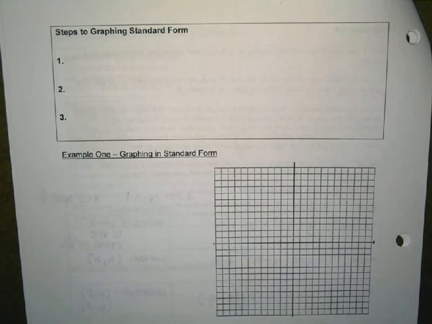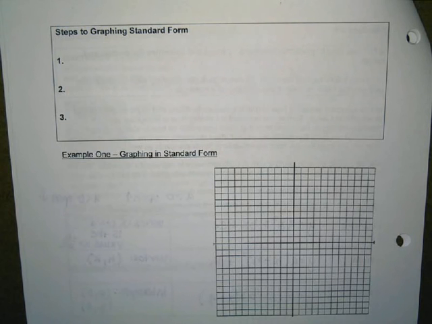Okay, so we're going to start with standard form. Now, I should say that you can graph anything, no matter if the equation is crazy. You can graph anything by making a table of values. It's usually easier if you have some type of method, so you don't have to generate like 20 values to plot.